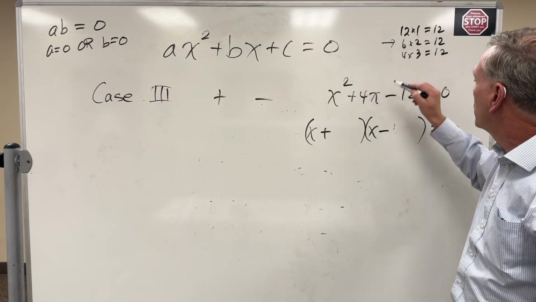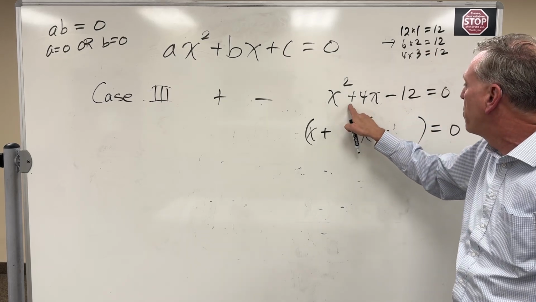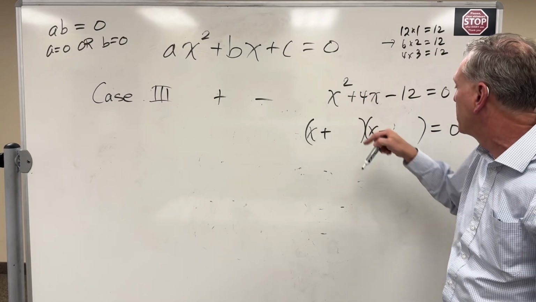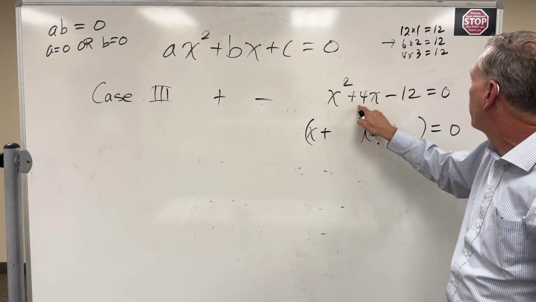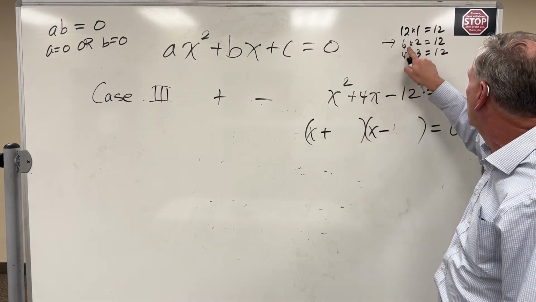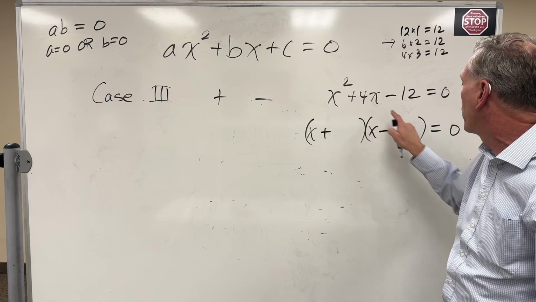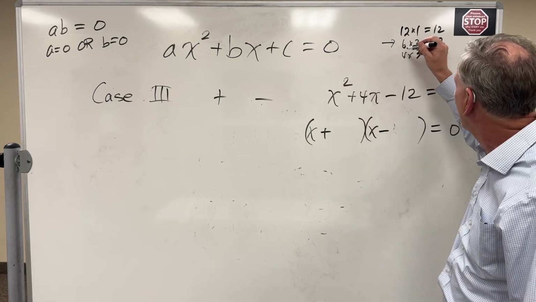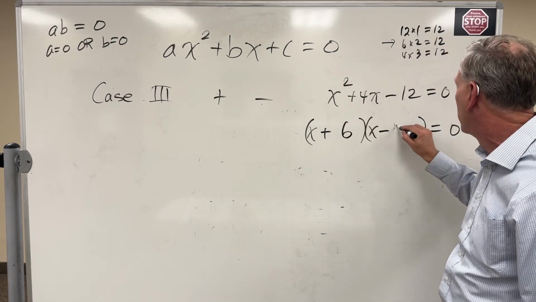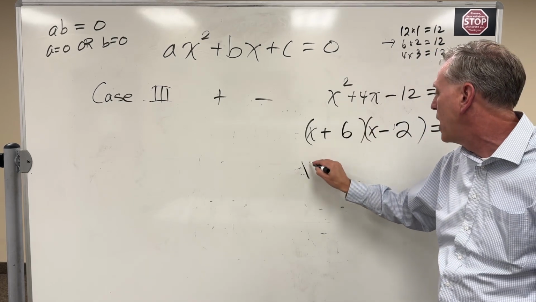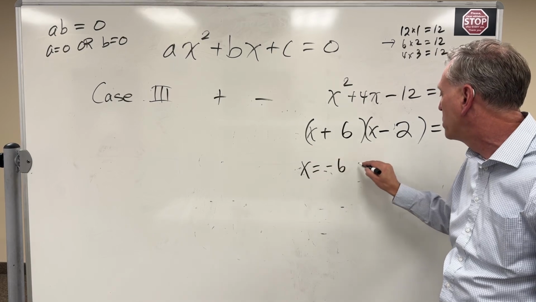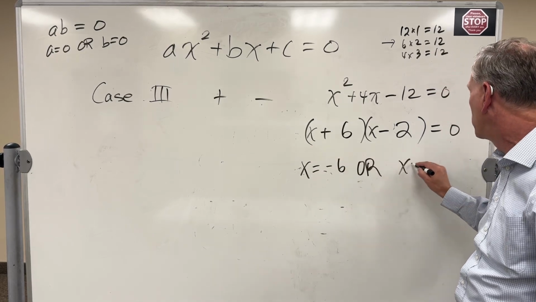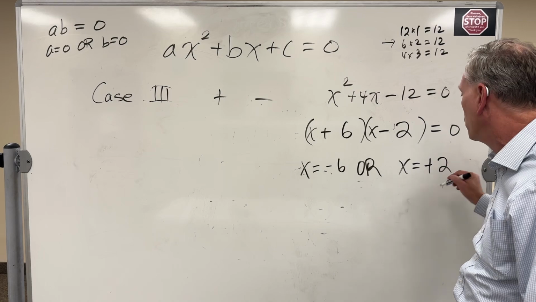Now, there's a 6 and a 2. The bigger one will be positive because this is positive. If this were a negative 4x, we would put the 6 as a negative because the bigger number would be negative. So 6 and 2, the bigger of the two, 6, will be positive. And so there's our solution set then, is x equals minus 6, or x is equal to positive 2.